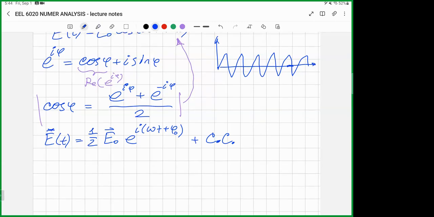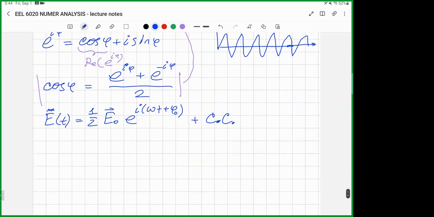So instead of this formula with cosine, I can use this one, but this is not the end, because we got the formula with two terms, and this term comes with plus omega, so we denote it by E plus, something like this.